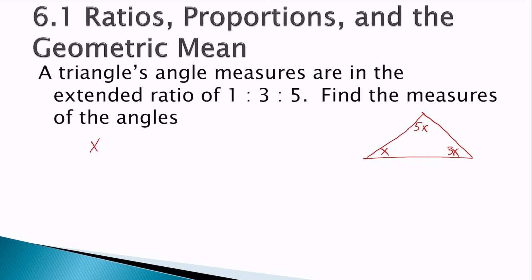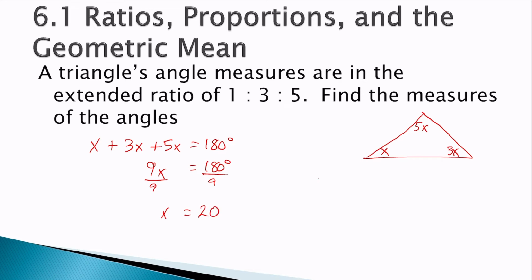The three angles in a triangle add up to 180 degrees. If I combine the x's, I get 9x equals 180 degrees. Divide by 9, and x is 20.